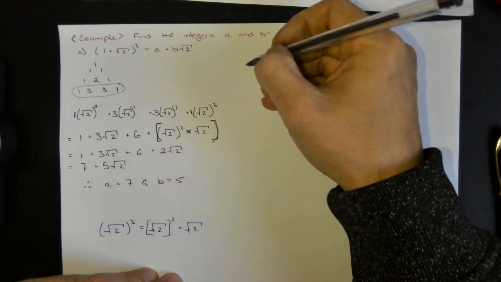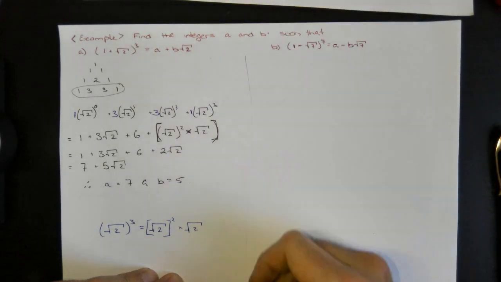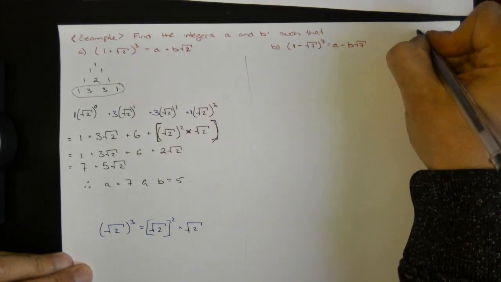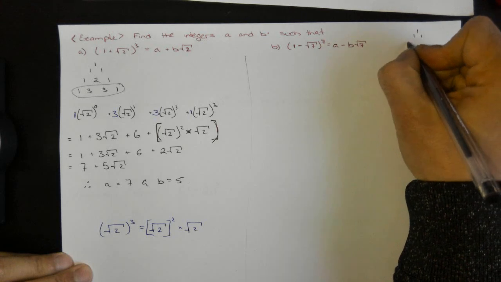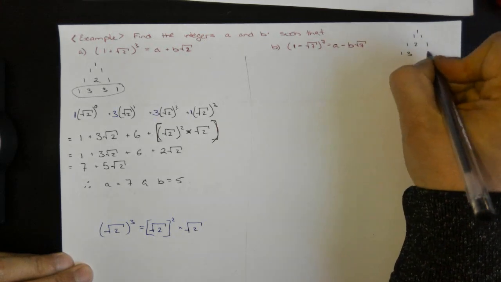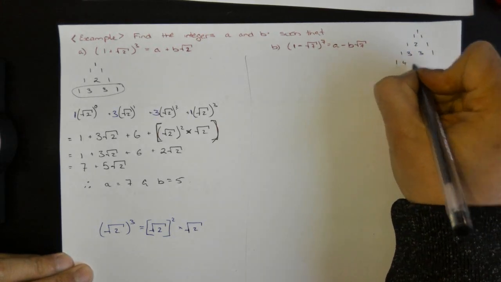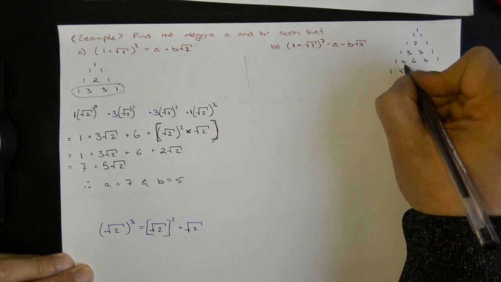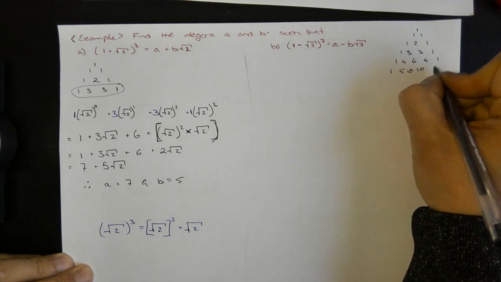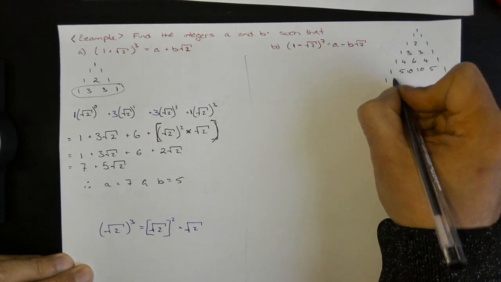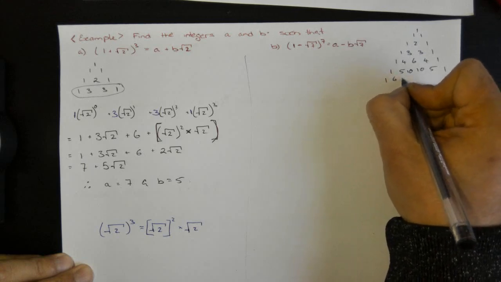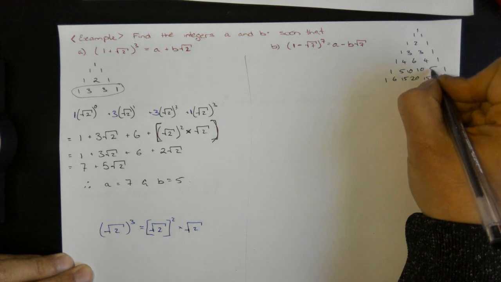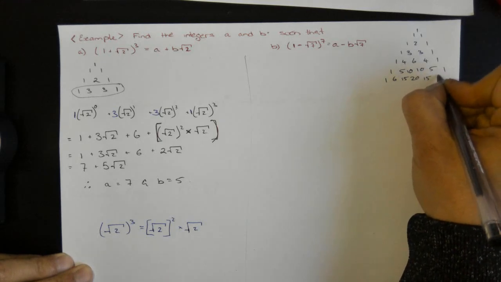Okay, let's look at our next example. We want it to the 7th row. So if I do it quickly up here, we've got 1, that's 0, 1, 2, 3, 4, 5, 6.